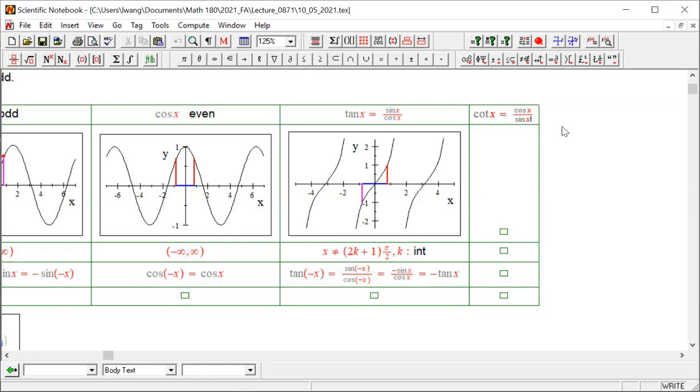Shall we do breakout rooms? And you also think about cosecant and secant. Are they even, odd, or neither? I'm going to create the breakout rooms.